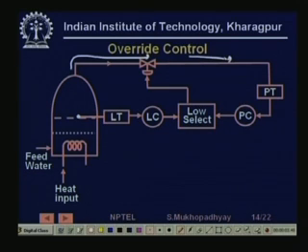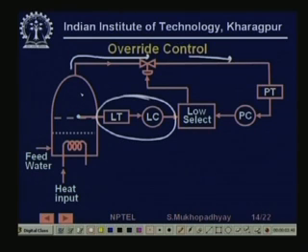What you want is that you don't want this level to fall to too low levels. If it falls to very low levels, then immediately it is the level loop which should get preference.